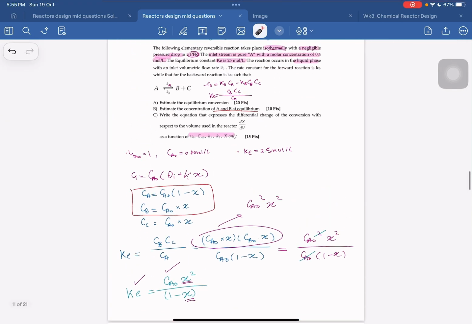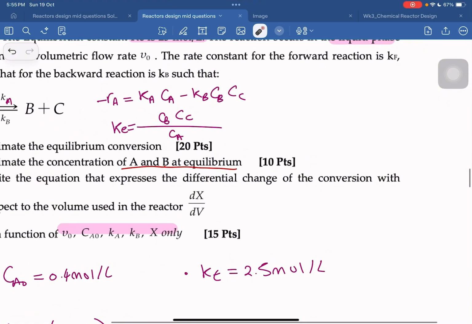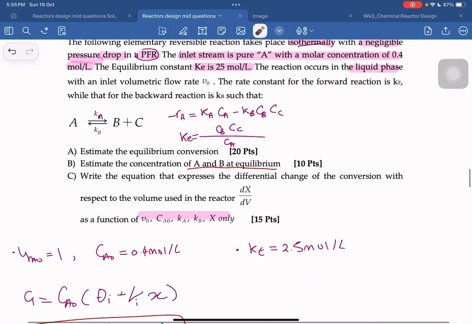Okay, then what are they asking us to find? The equation that expresses the differential change of the conversion with respect to the volume used in the reactor as a function of the volume, the concentration, Ka, Kb and x only. Okay, perfect.